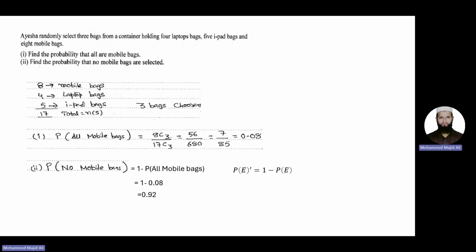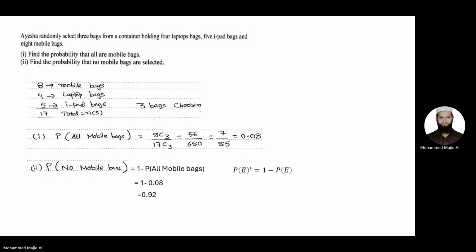Now moving on to the next question. In this particular question, we'll be finding the probabilities of combinations. Aisha randomly selects 3 bags from a container holding 4 laptop bags, 5 iPad bags, and 8 mobile bags.